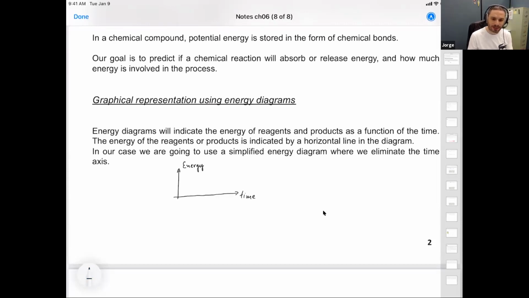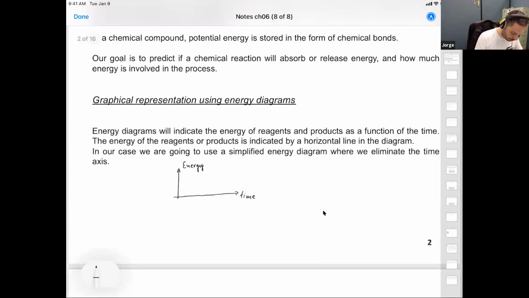Sometimes you may find progress of the reaction in the horizontal axis, okay? So it doesn't matter. The energy of reagents and products is indicated by horizontal lines in this diagram.